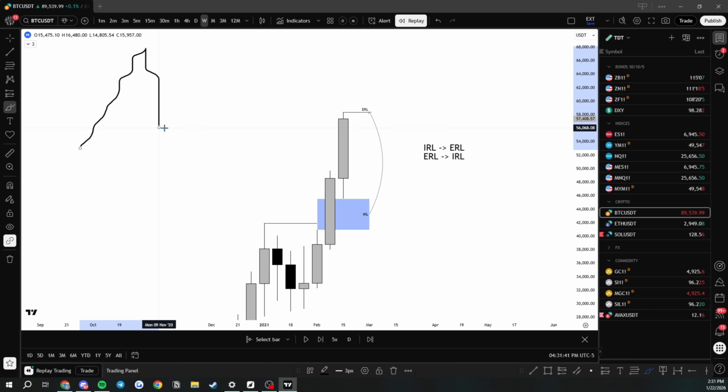So some of you guys here, your personality might be you like trading that move into the key level, whether it be an IRL or ERL, right? And then you're gonna have people like me where my personality is I much rather trade the expansion going back up and potentially hold up some runners past this point.